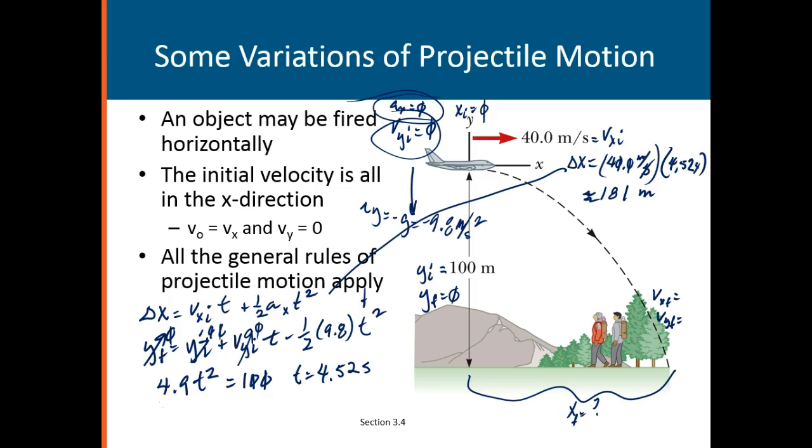Final velocity in the x direction, final velocity in the y direction. V final equals V initial plus a t, upon y. Oh, okay. You're doing the y part. So let's do that.